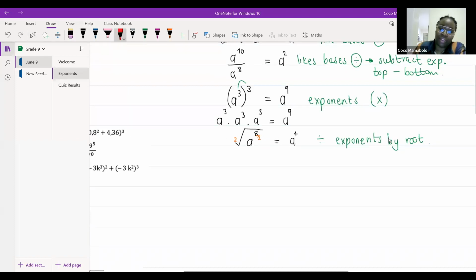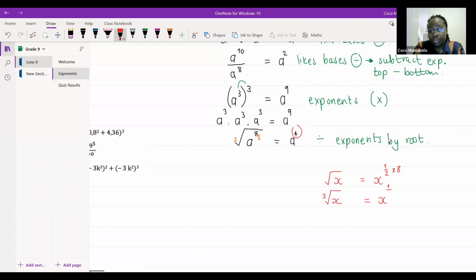Any number, if I call it x, that sits under a square root is actually x to the power of a half. And a half of 8 is going to give me 4. Now I'm going to ask you guys, if I've got the cube root of x, this is going to be x to the power of 1 over what?